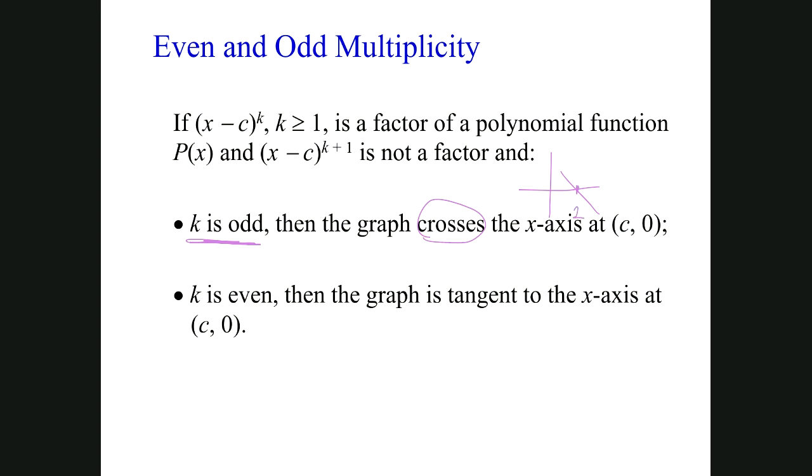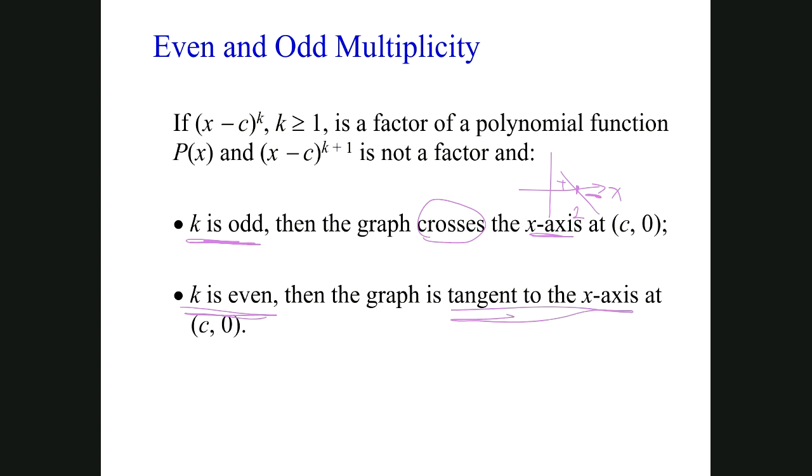Before, when x is less than 2, y is positive in here, right? After 2, y becomes negative, okay? So y changes from positive to negative. This is called crossing. So the graph will cross the x-axis at x equal to 2. If this power is an even power, the graph is called tangent to the x-axis.